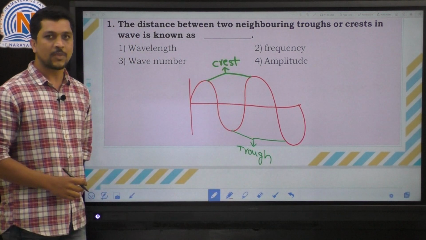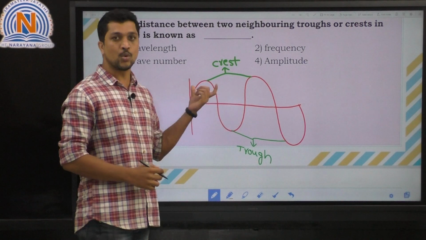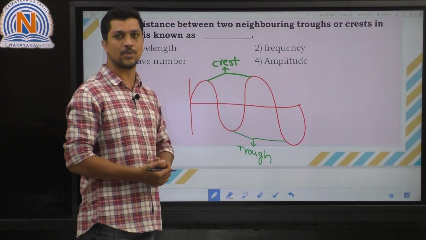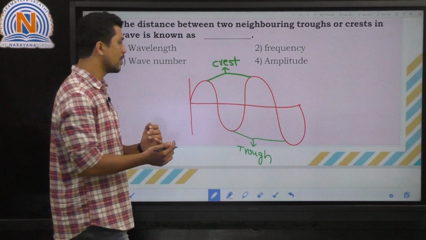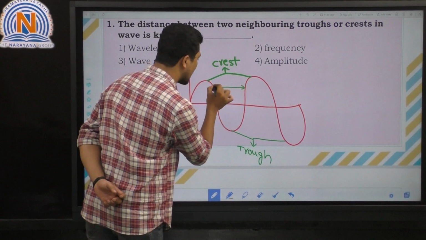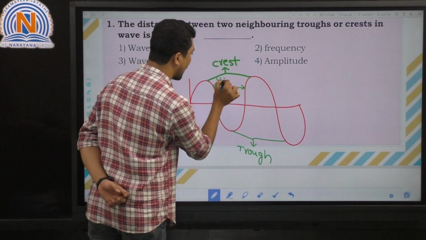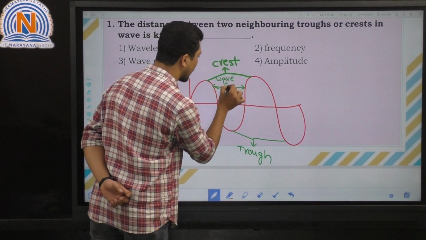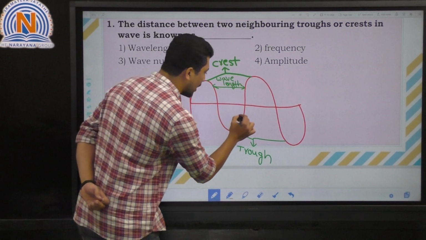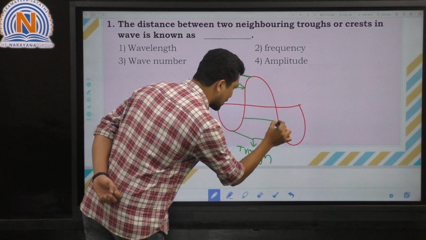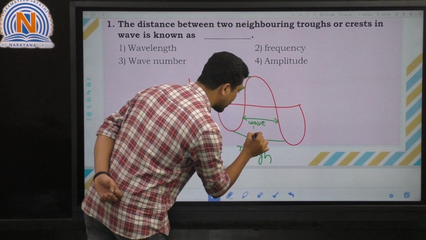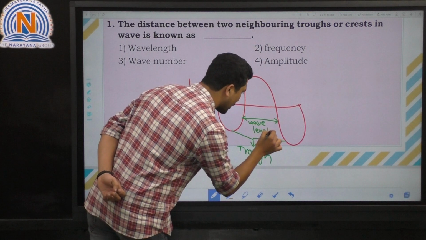So the length between two consecutive crests and the length between two consecutive troughs is called the wavelength. The distance between these two is called wavelength. In the same way, the length between two consecutive troughs is also called wavelength.